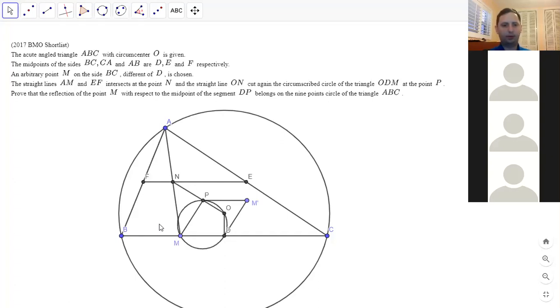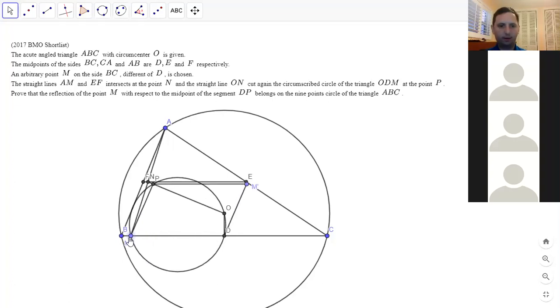But yeah, I was just curious, as M gets closer to point D, M prime doesn't approach D, it approaches some other point. So if M approaches B, then I think M prime approaches E, right? Yeah.